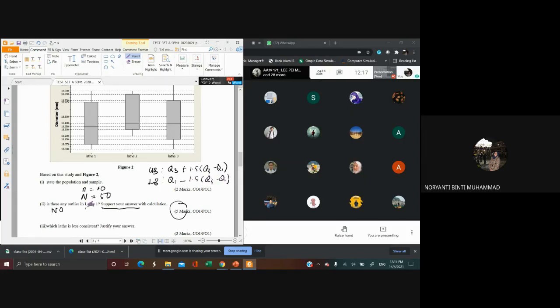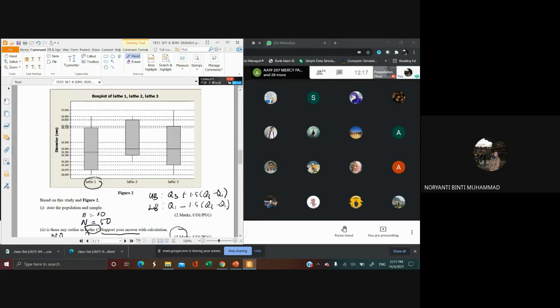So for lathe 1, you look at Q1 and Q3. So you know that this is minimum, this is maximum, this is Q1, this is Q2, this is Q3.